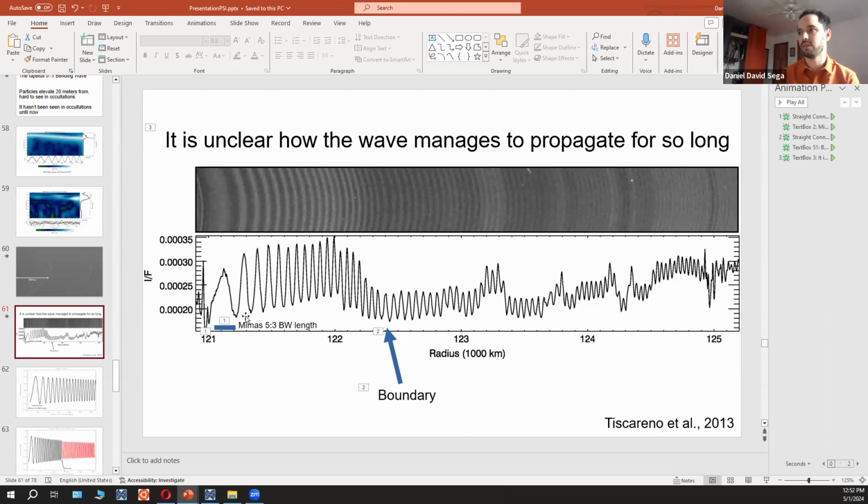You have 10 centimeter, half a meter particles, average particle size. But in parts of the A ring it gets all the way to 1 meter even. So you have big particles, but then they clump together and form these gravity waves, and those things are 100 meters long, 200 meters long. So they're in the 100-meter range.